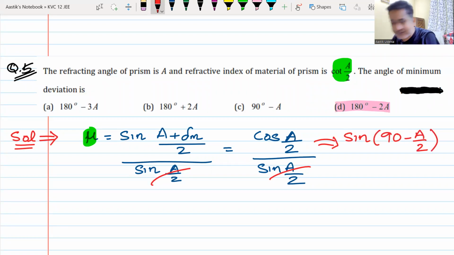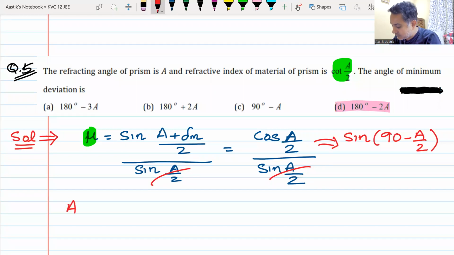Yes or no? Do you all understand this? That's it. We equate the two.